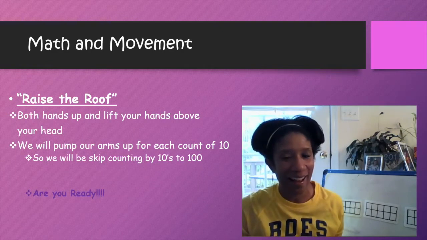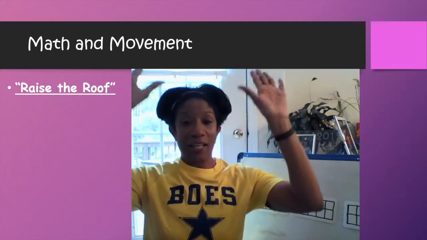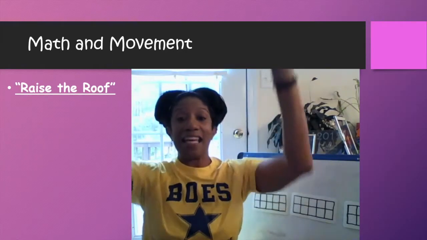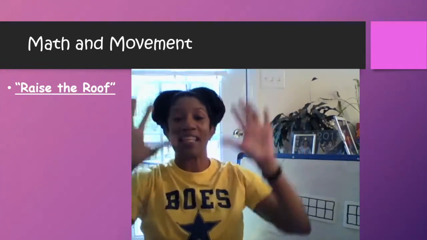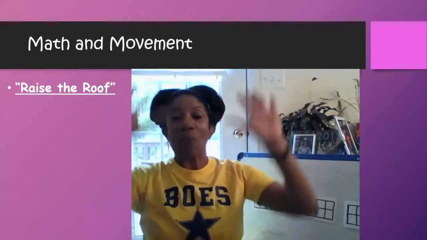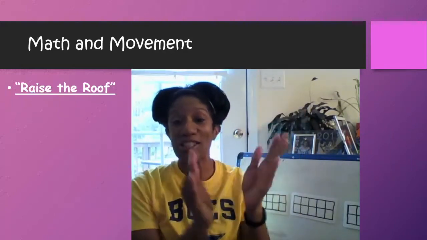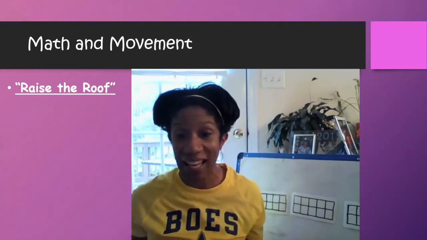Can you do it? I know you can. Here we go. 10, 20, 30, 40, 50, 60, 70, 80, 90, 100. Good job, everybody. Now our brains are all warmed up and we are ready to go.